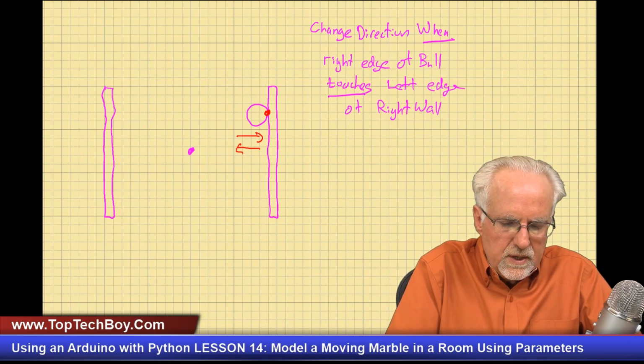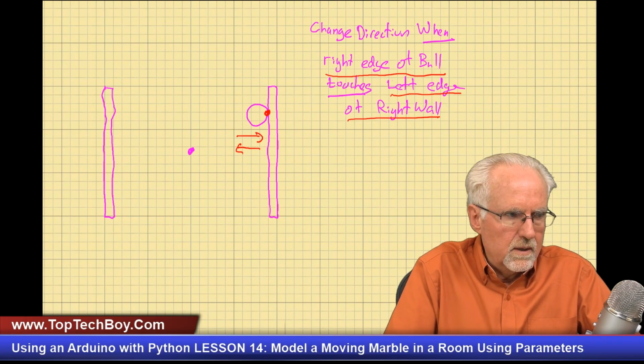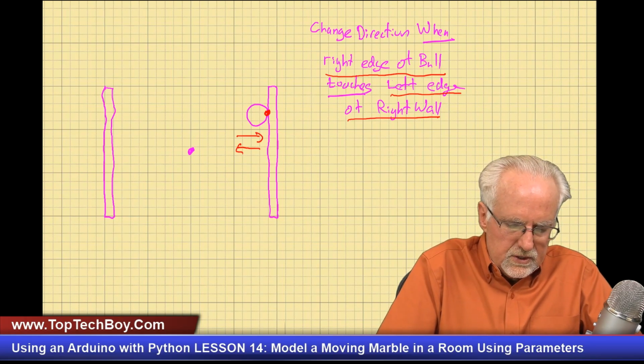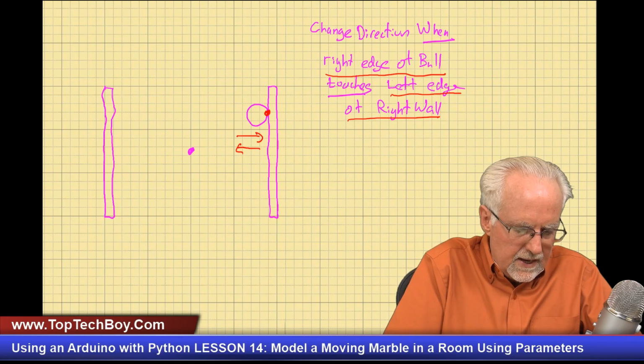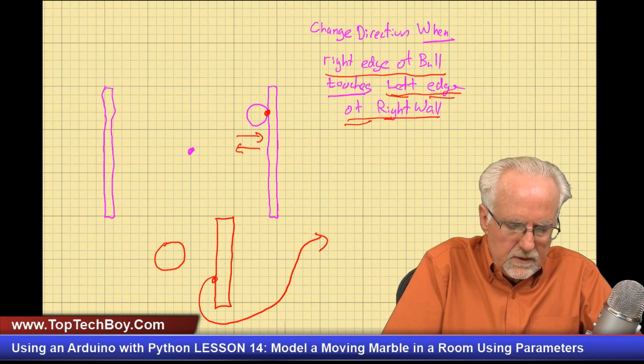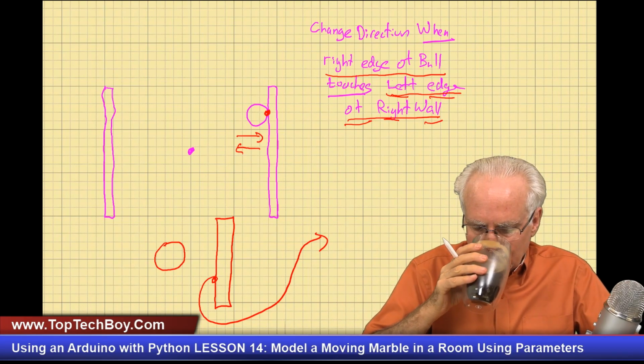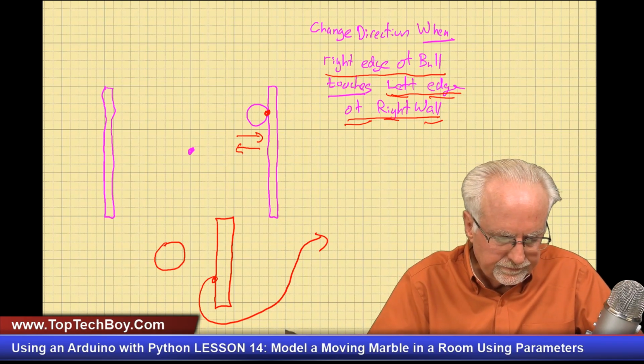So what we've got to do is figure out where the right edge of the ball is and where the left edge of the right wall is. Now, let's see if we can draw this down here. This is the ball, and this is the wall. That point right there is the left edge of the right wall. Where is that?